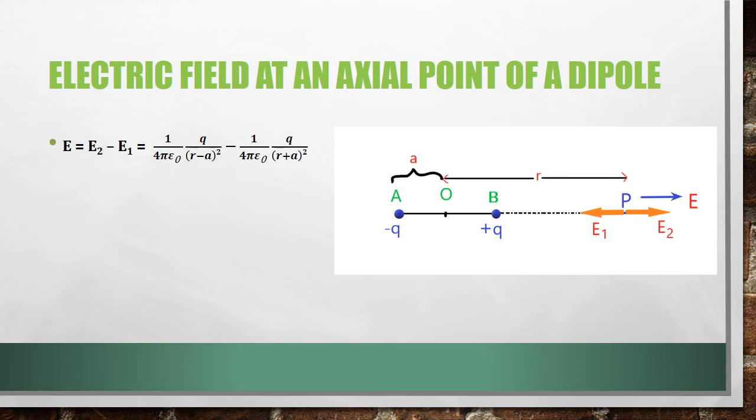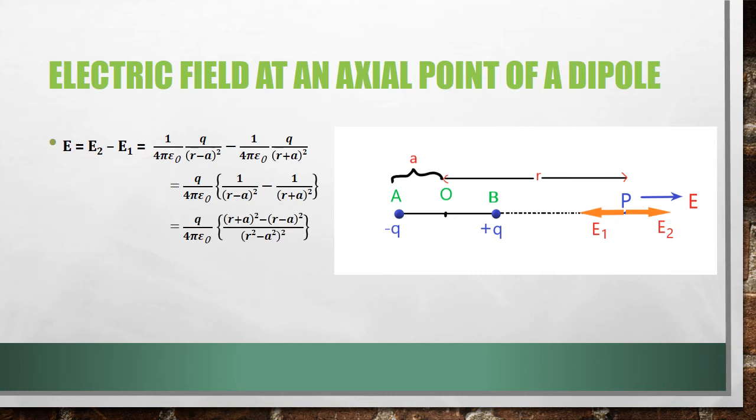Therefore, E equals E2 minus E1, 1 by 4 pi epsilon 0 into Q divided by (r minus a) the whole squared minus 1 by 4 pi epsilon 0 into Q divided by (r plus a) the whole squared. Again, we can take Q by 4 pi epsilon 0 as common. That is, Q by 4 pi epsilon 0 into [1 by (r minus a) the whole squared minus 1 by (r plus a) the whole squared].